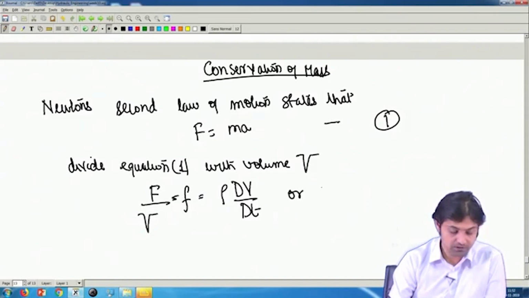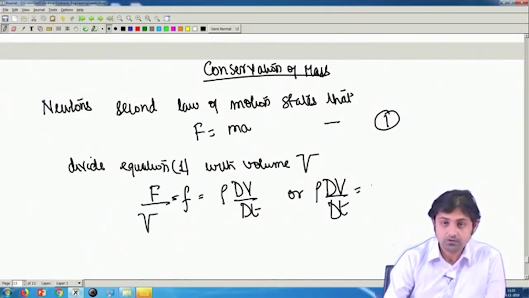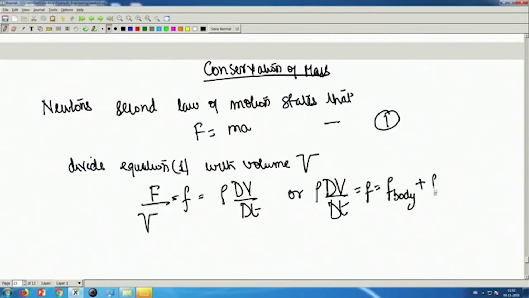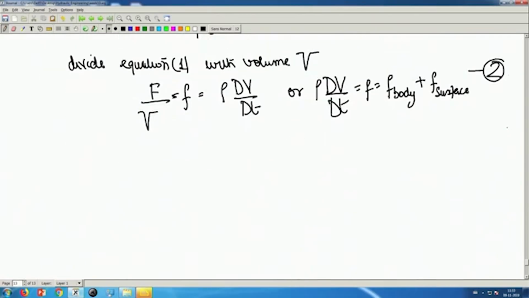We can also write rho dV by dt equal to force small f, and that can be written as two types of forces: one is body force plus one is surface force. This equation we write as equation number 2.